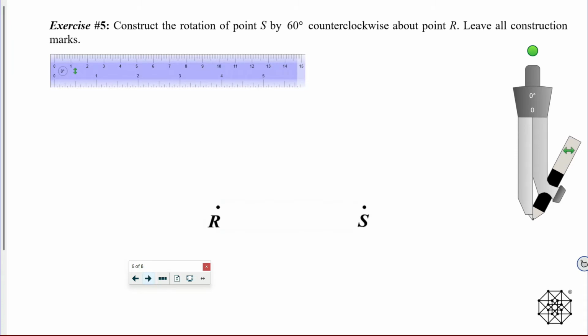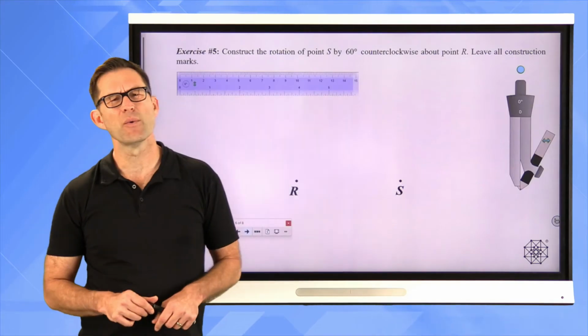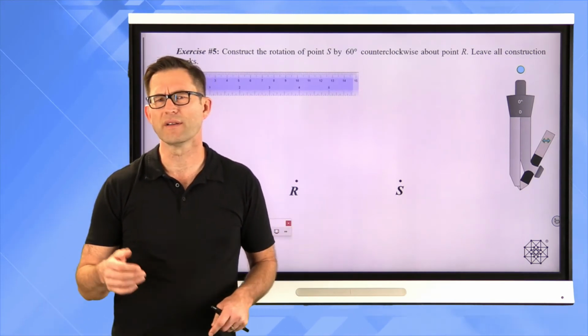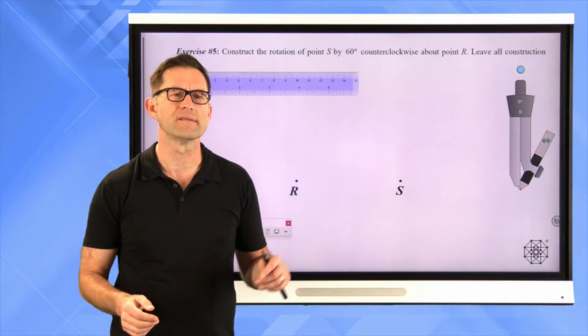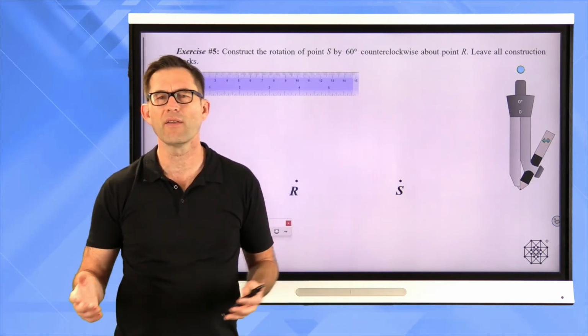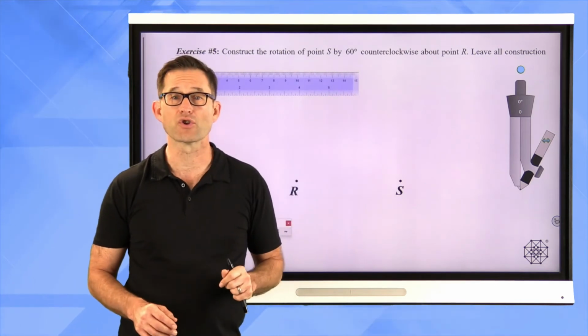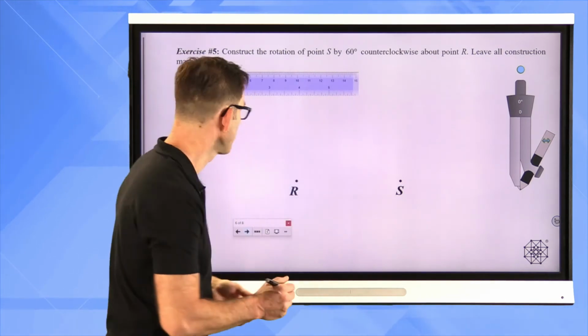Construct the rotation of point S by 60 degrees counterclockwise about point R. Leave all construction marks. So a 60 degree, right? Now, a 60 degree angle is one third of 180, but it's not half of 90 or anything like that. So the key to a 60-degree construction of any type is the following.